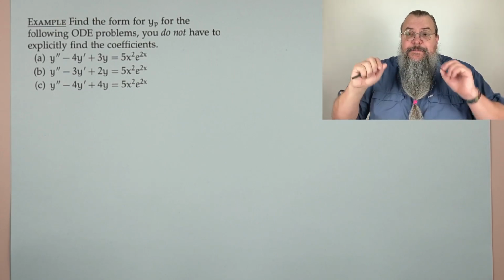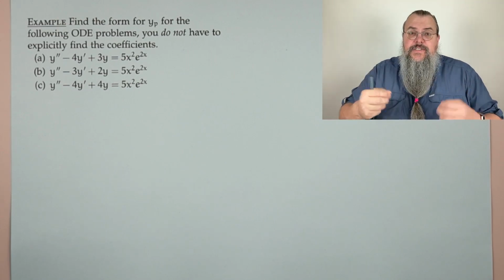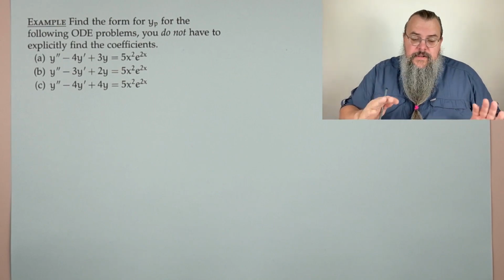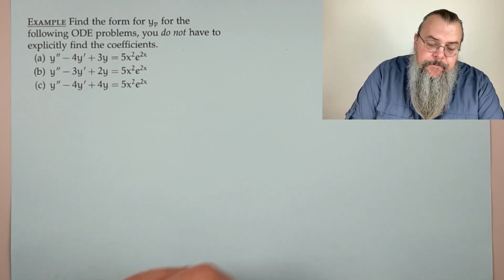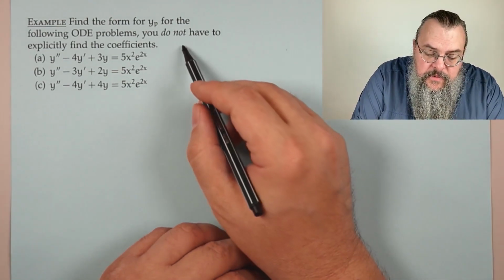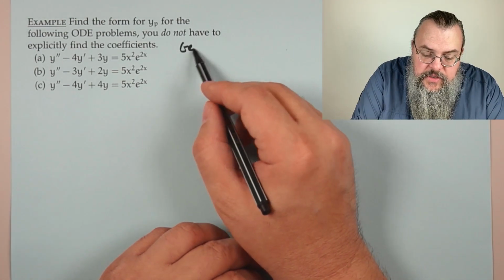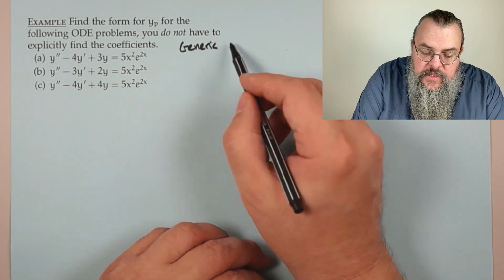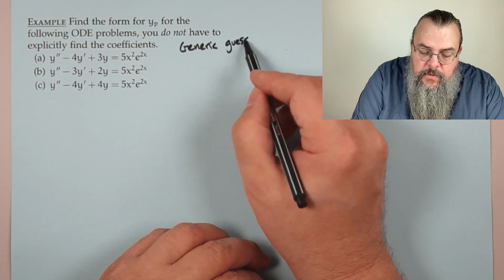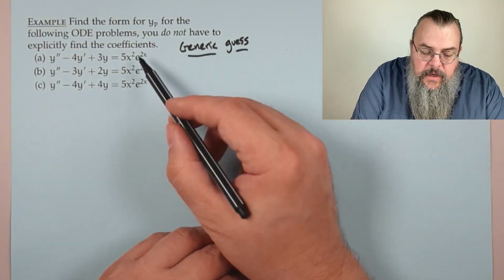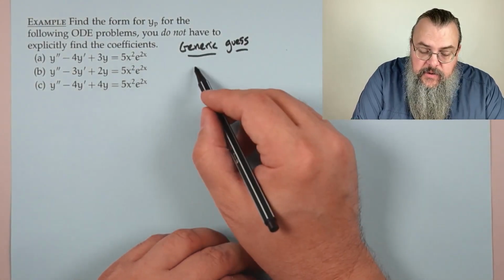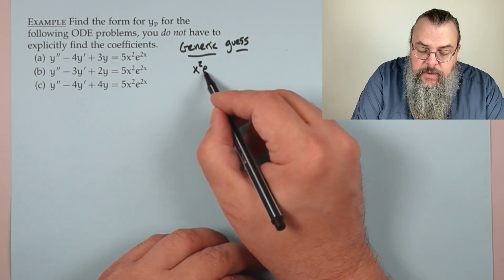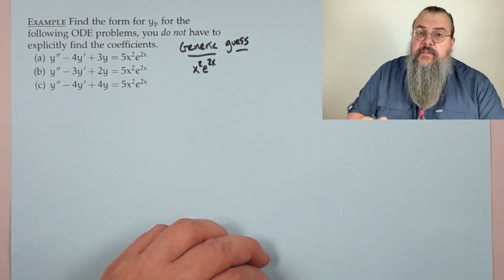We're grabbing the functions, not the constants. So the constants we ignore in the front. So we say, okay, our generic guess, initially, if we had no other information, would be to do the following. We have our x squared e to the 2x, and so we write that down. So that's one of our pieces.